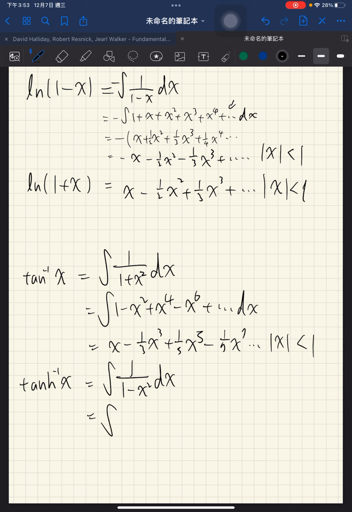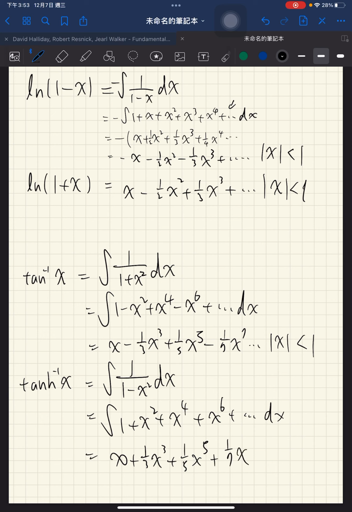We get the integral of 1 minus x squared plus x to the 4th power minus x to the 6th power, and so on, dx, which is equal to x minus 1/3 x to the 3rd power, and so on. Oh, sorry, mistake. Boundary.